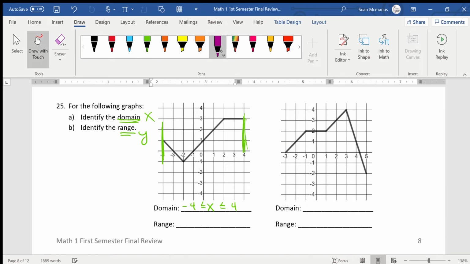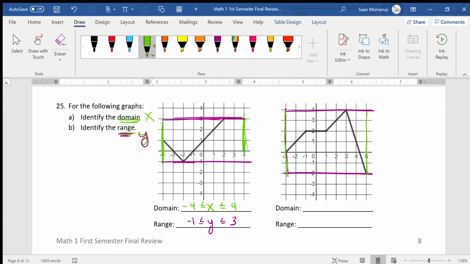And my range, I should have range in different colors. The range, the bottom is negative 1 and the high point is at 3. So my y is between negative 1 and 3. Remember, we kind of made it like a border around the whole thing like this. Right, same thing here. So if I look at the low point and the high point, and the most left and the most right, I kind of frame in my graph, and I can see, whoops, this is supposed to be green over here.